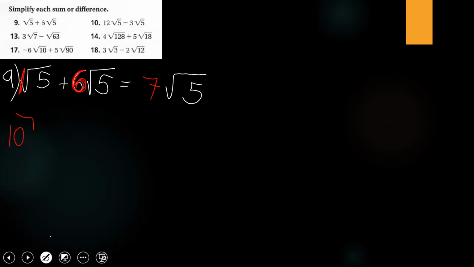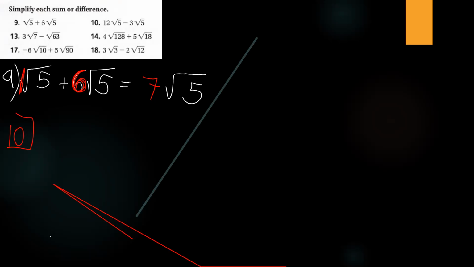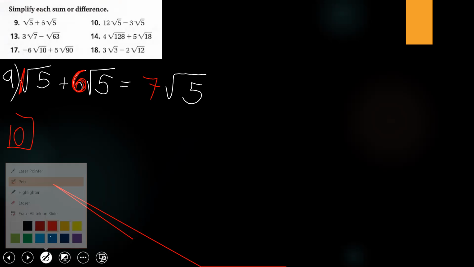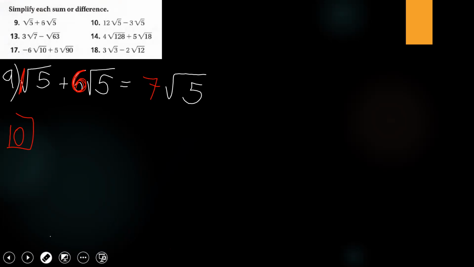Now let's do number 10. Here we have 12 square root of 5 minus 3 square root of 5.